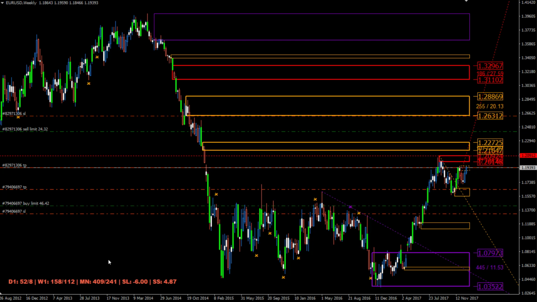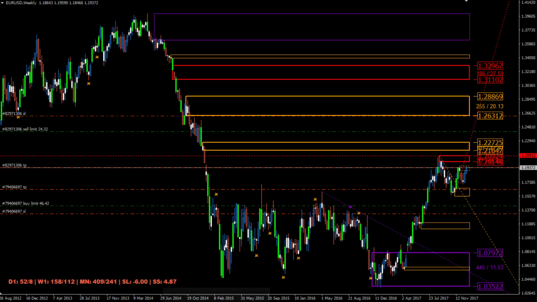If you have a look at the dashboard here, there's a new version coming out early in the new year. I've done a few modifications. One of them is this one here, and this is the swap long, swap short. So if you're selling this, you're going to be paying €6 per standard lot per day to hold this position overnight. Ideally, if you hold it long, so if you buy this, you're going to be paying €6 every day, and 3 times that on Wednesdays.